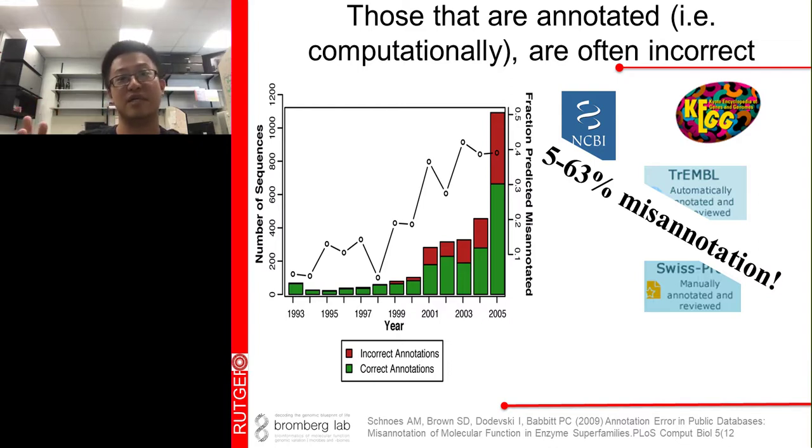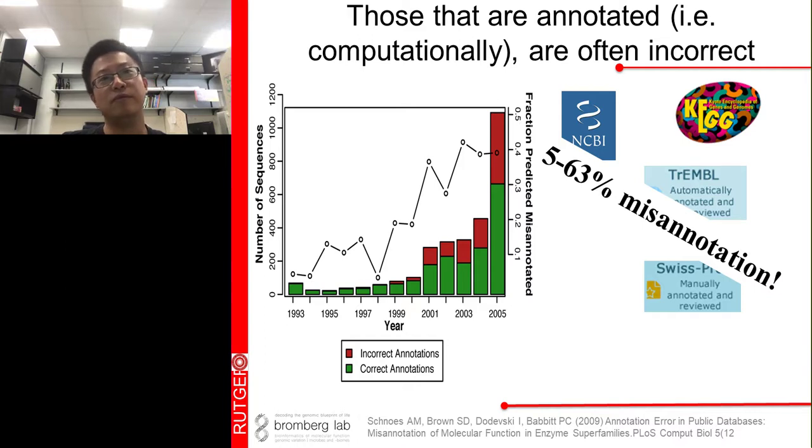And this number is really scary. It's even scarier that once the errors get into the database, they stay there. It's very hard to get them out. And this error just propagates to generate more errors, so it just makes the situation worse and worse.